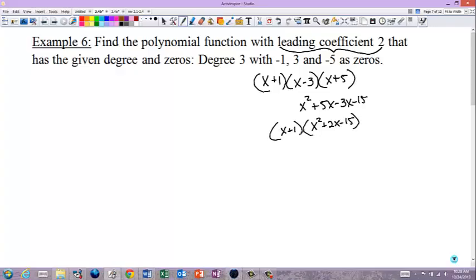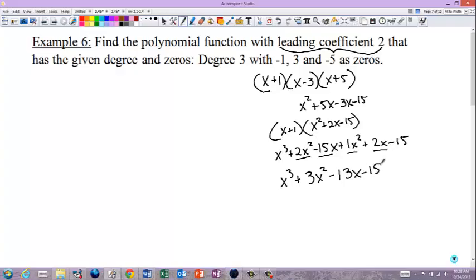So it'd be x cubed plus 2x squared minus 15x plus 1x squared plus 2x minus 15. So that's x cubed plus 3x squared minus 13x minus 15. But I want a leading coefficient 2 and degree 3.